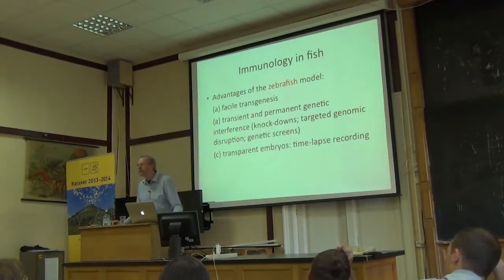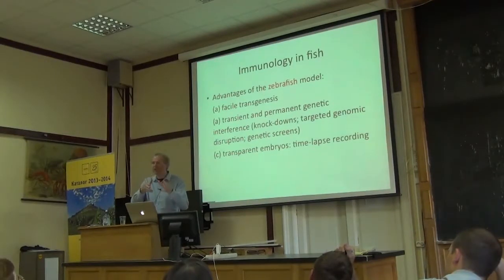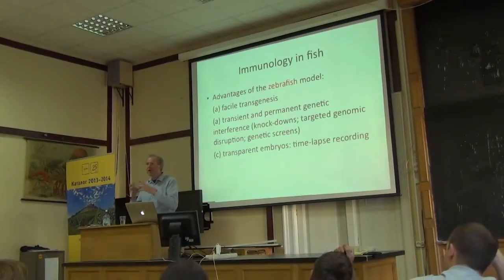And above all, and that is the beauty of the system, and until now was the main advantage of the system, because the embryos are transparent, we can watch them develop. And if we engineer genetically that we mark cells with different fluorescent proteins, so a T cell expresses, say, a green fluorescence, a muscle cell, a blue fluorescence, or whatever, then we can look at the microscope and see how these different colors, that is, different cell types, behave in the organism.